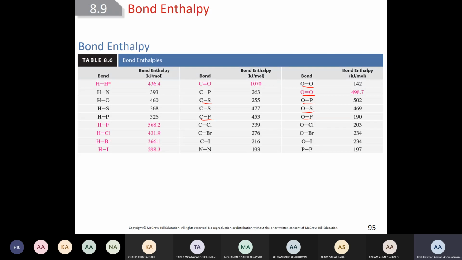Now, what's a chemical reaction? A chemical reaction is actually breaking and making of bonds. Let's assume that I have this reaction. How much energy do I need for this reaction? What do you think? Plus. Give me an answer.